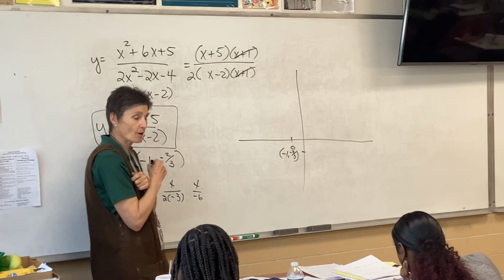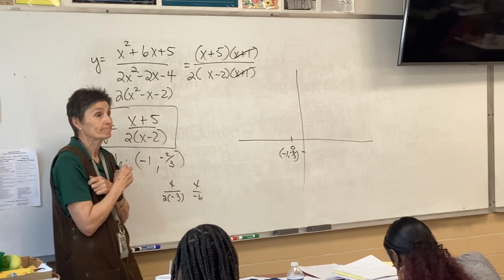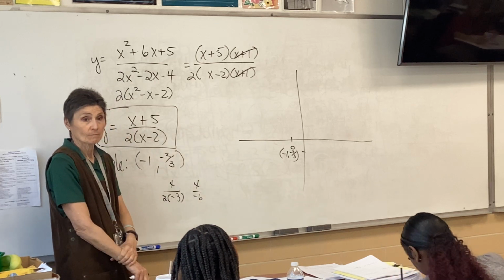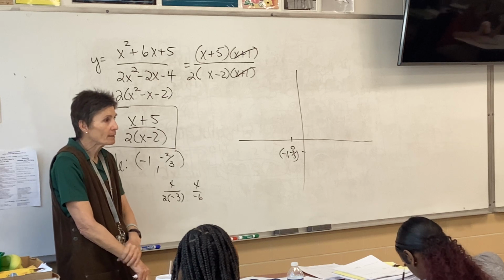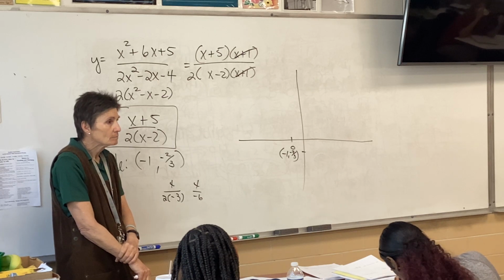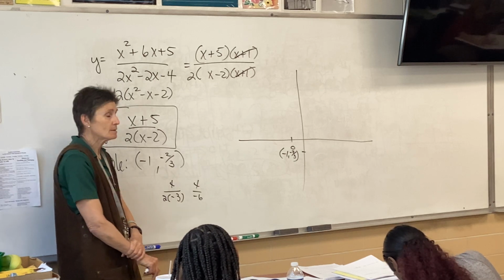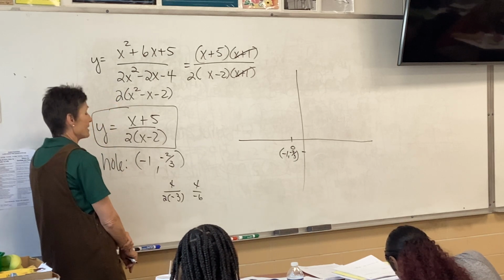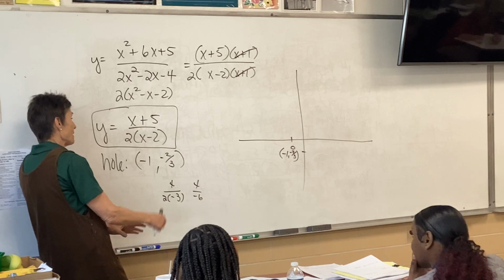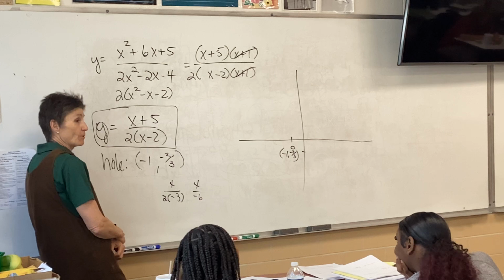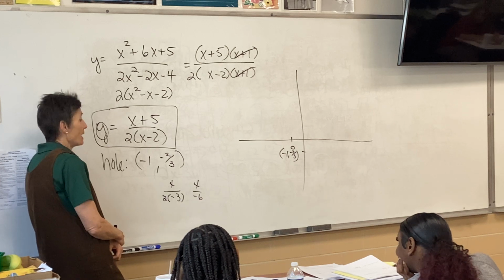All right, what else are you going to put in your picture? Come on, what else we got to put in there? Got to put some intercepts in there. So to find an x-intercept, I basically want this fraction to equal 0.